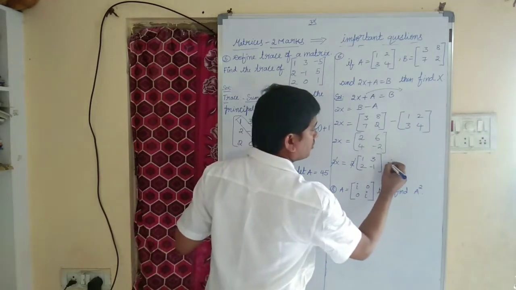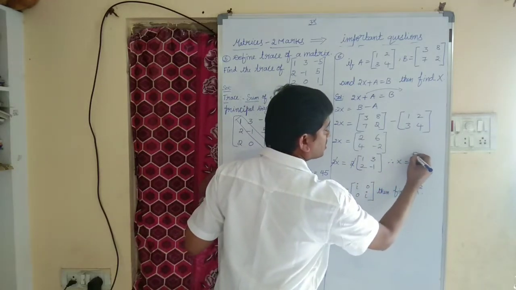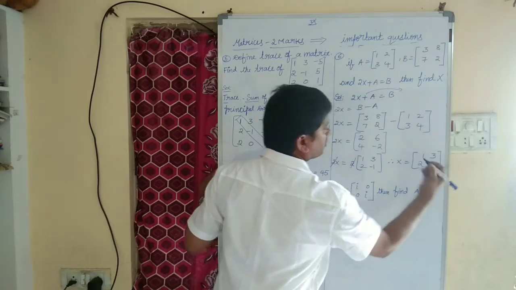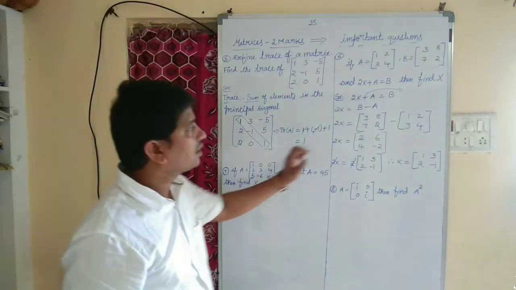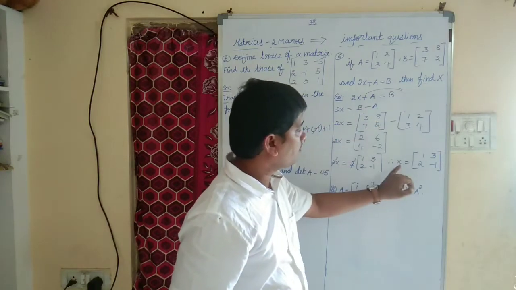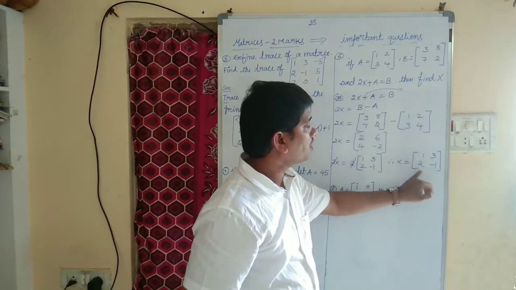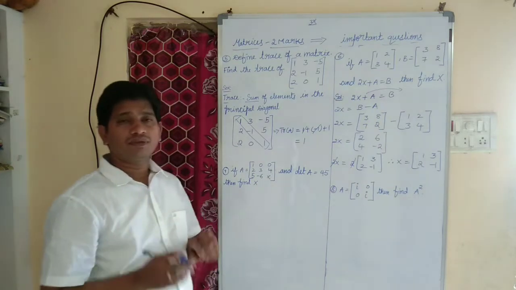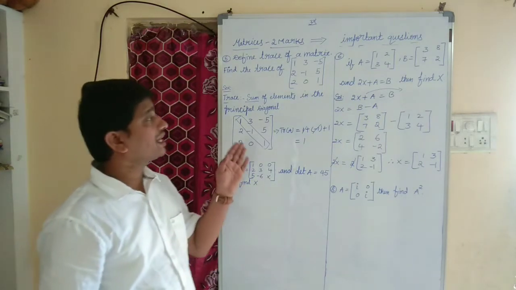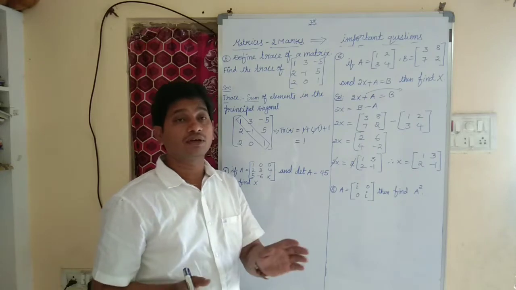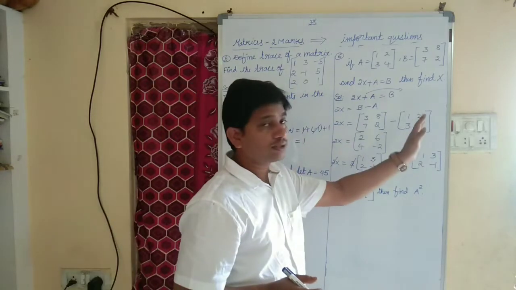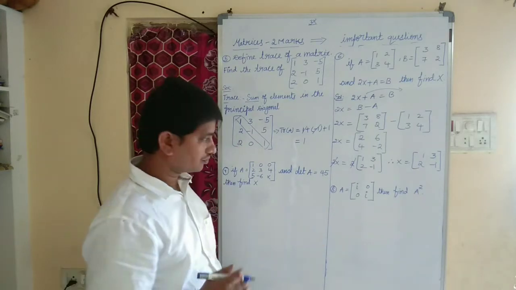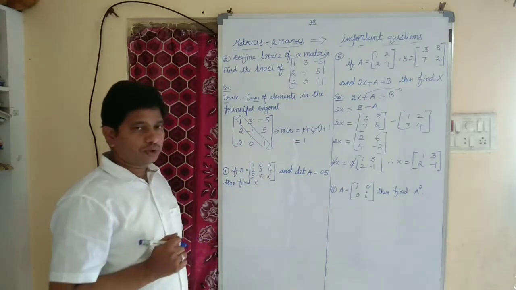So children, therefore what is the value of X? X is equal to 1, 3, 2, minus 1. Right? Actually they are asking to find X. We found X value 1, 3, 2, minus 1. So don't confuse this sum. Nothing is there in that. 2X plus A equal to B is given. What we did to plus A we transpose it. It will become minus A. As usual subtraction.